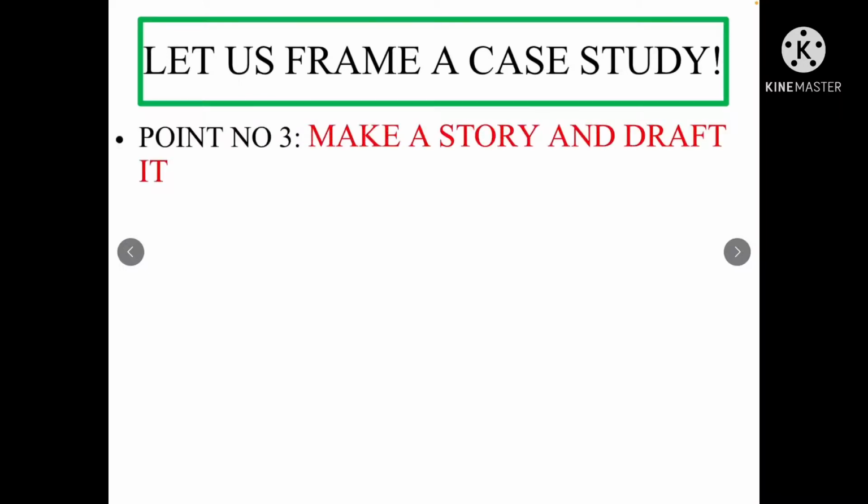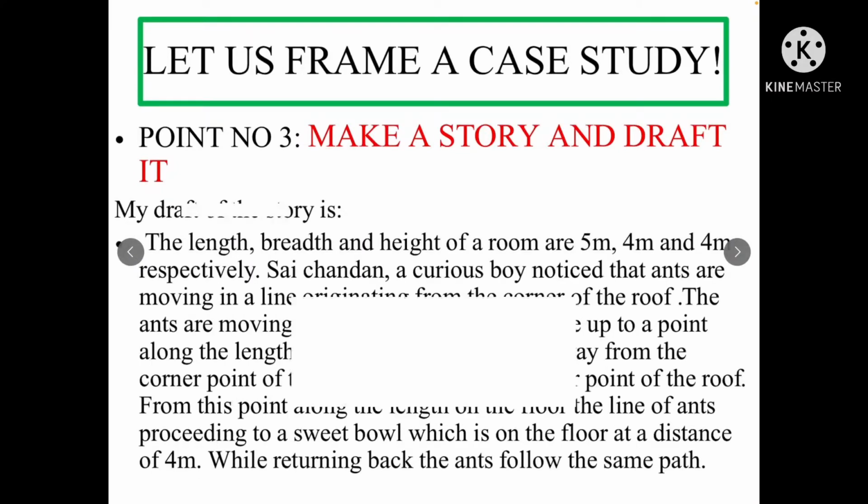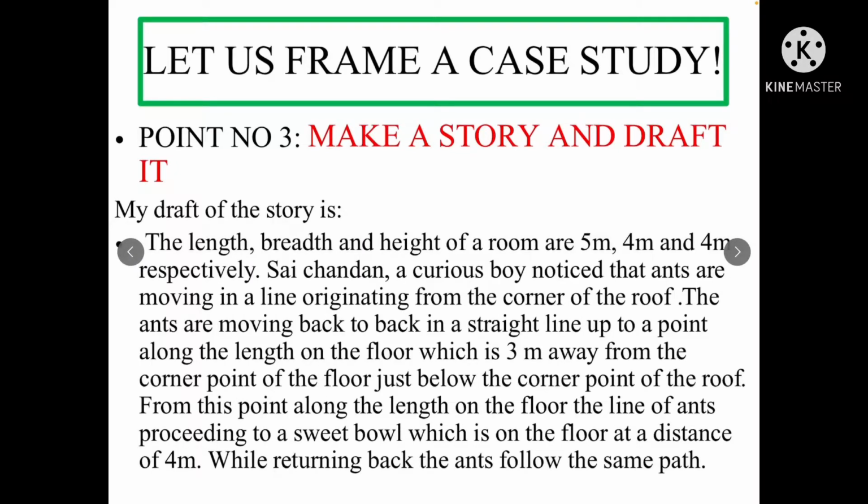Point number 3, make a story and draft it. So I made a story on this and the drafting is like this. The length, breadth and height of a room are 5 meter, 4 meter and 4 meter respectively. Sai Chandan, a curious boy, noticed that ants are moving in a line originating from the corner of the roof.